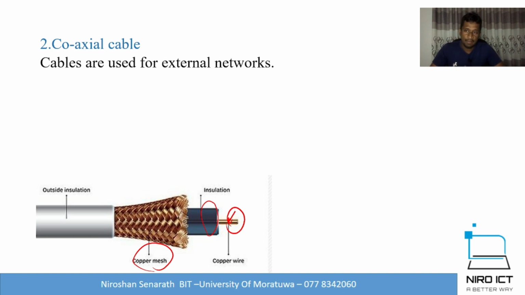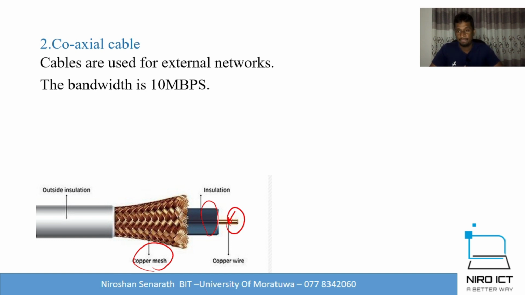This type of cable is used for external networks. It's not internal. External networks are used. But twisted pair is used with internal telephone networks, such as your router with your router, RJ45 cable, right? So the bandwidth is 100 Mbps, right?